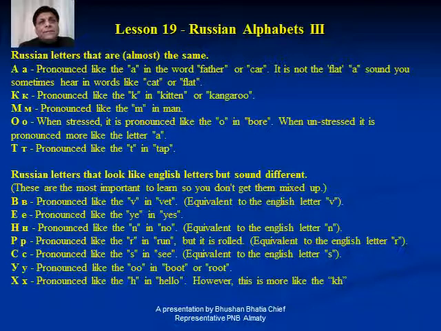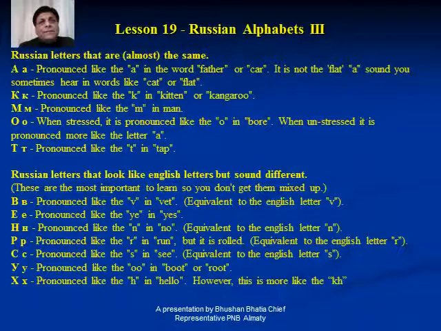Then O again: when it is stressed it is pronounced as O, like bore, and when it is unstressed it is pronounced more like A. As I told you in the previous lesson, the word plokho is written as plokho, but it is spoken as plokha, not plokho, because in the end it is not stressed.